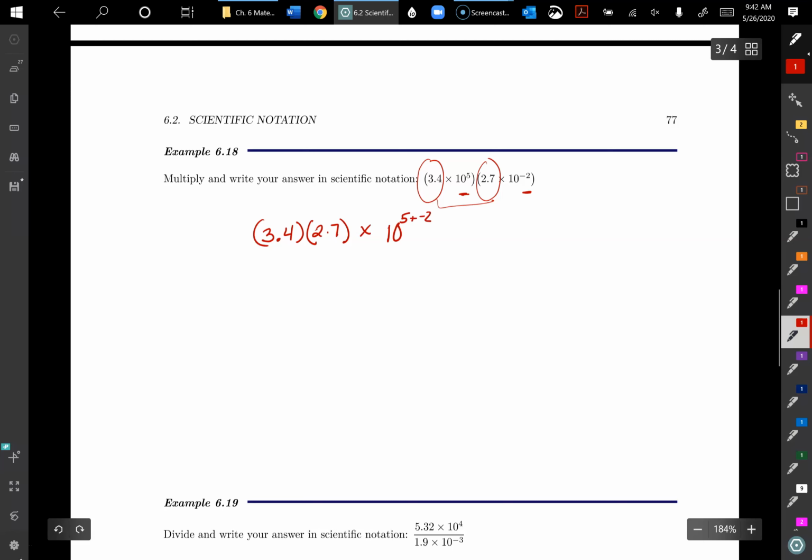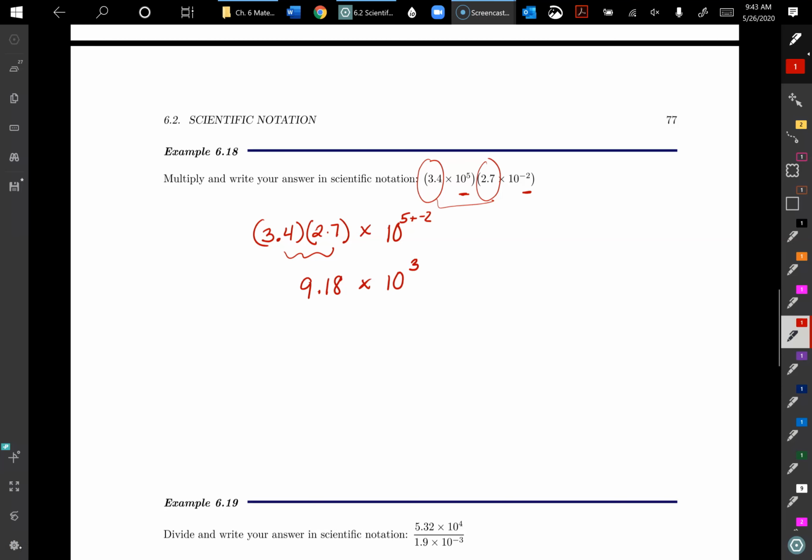So 5 plus negative 2. Then I would calculate my a values, and I get 9.18. And then I calculate this. It would be 10 to the third power.